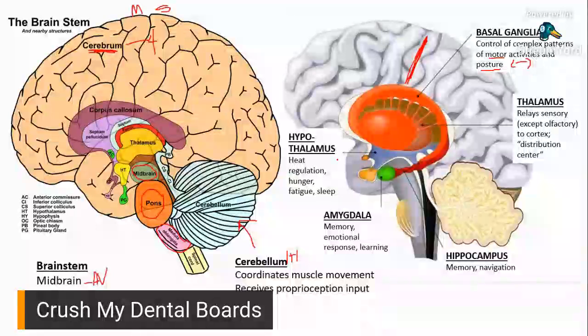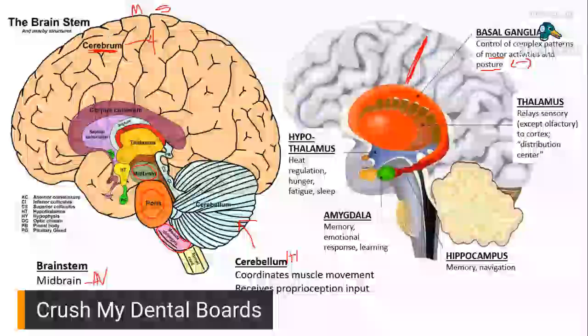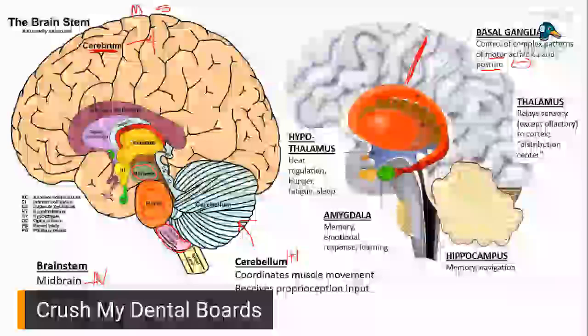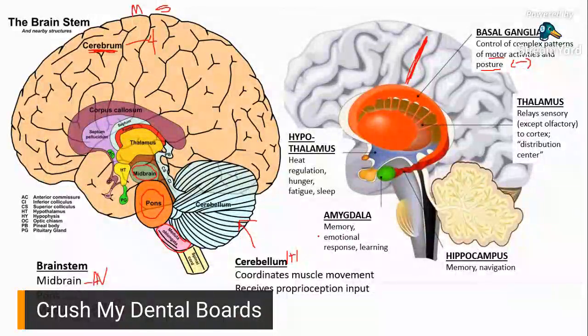And then, what other parts? Oh, then we have your amygdala and the hippocampus. Right here. So, the hippocampus is basically for memory, navigation, for learning. Okay? And then the amygdala, it's responsible for memory, emotional response, and learning. Okay?